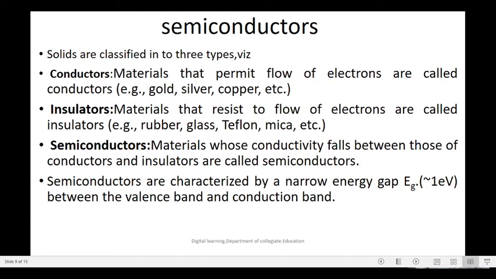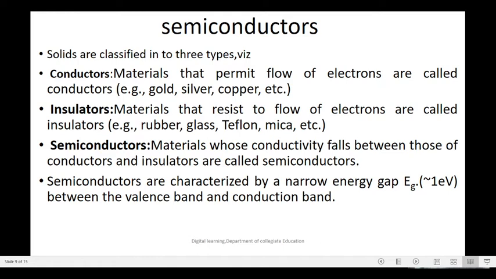Examples: rubber, glass, Teflon, mica, etc. Semiconductors are the materials whose conductivity falls between those of conductors and insulators.